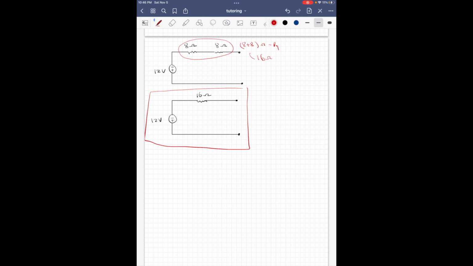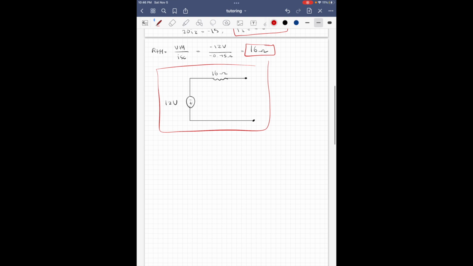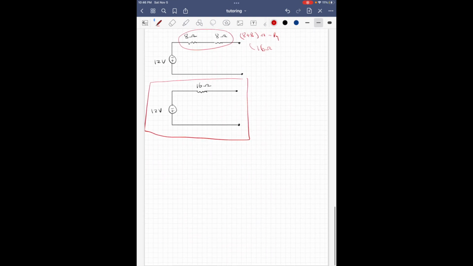Now, this is your Thevenin equivalent circuit, and it is the exact same result that we got using the other method right here. 12 volts, 16 ohms. So these are two methods in which you can find the Thevenin equivalent circuit. I find this one to be simpler and less time consuming, especially if you're comfortable with source transformations.